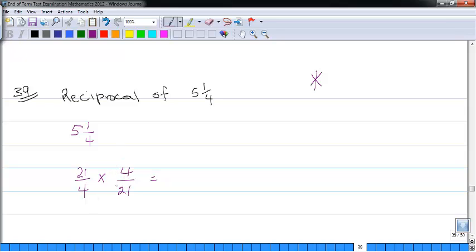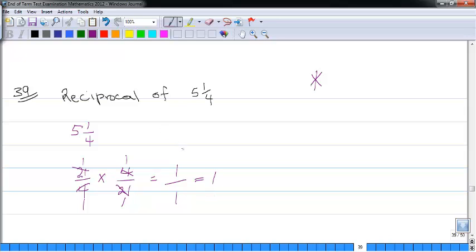Now 21 into 21 would go one time, and 21 into 21 one time, 4 into 4 one time, and 4 into 4 one time. We multiply across now, numerator by numerator, 1 times 1 is 1, and denominator by denominator, 1 times 1 is 1. So we end up with 1 over 1, which is simply saying how many times can 1 go into 1, which is 1.